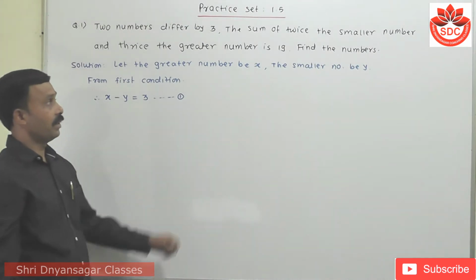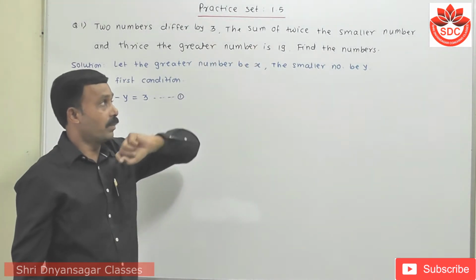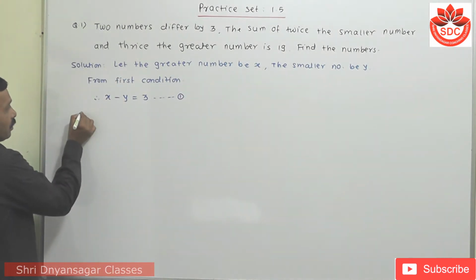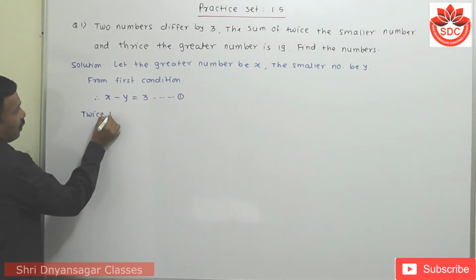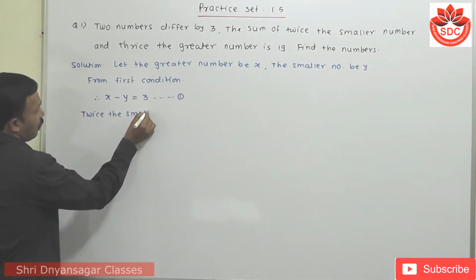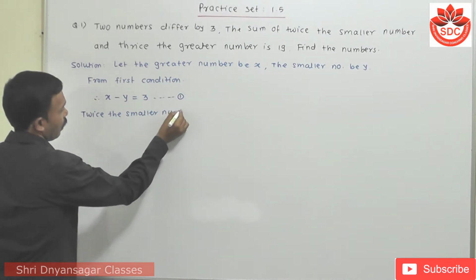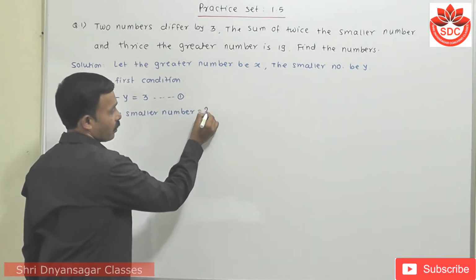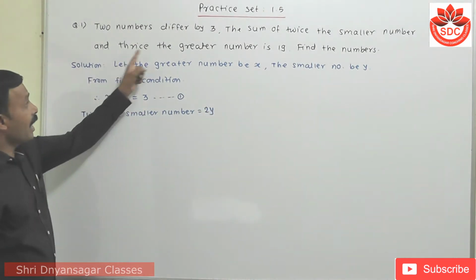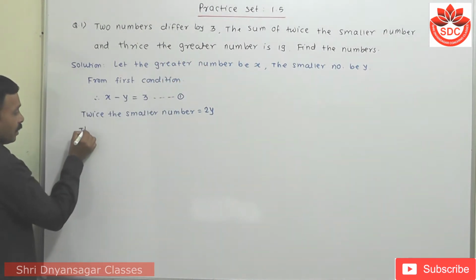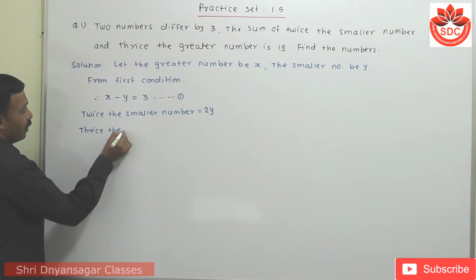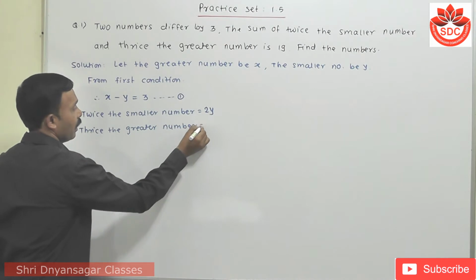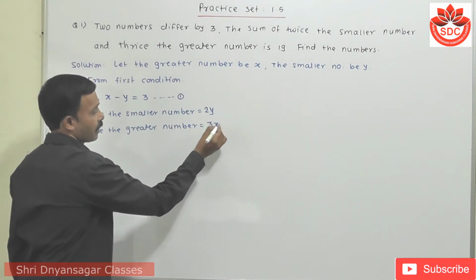Now observe the sum of twice the smaller number and thrice the greater number. Twice the smaller number: the smaller number is y, so its twice is 2y. Thrice the greater number: the greater number is x, so thrice is 3x.